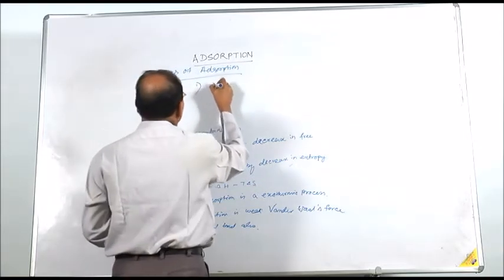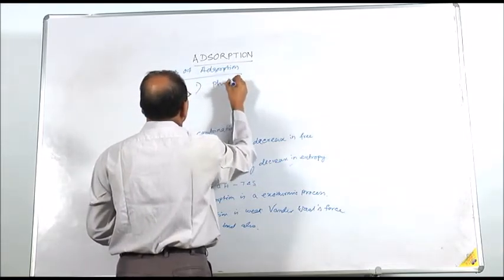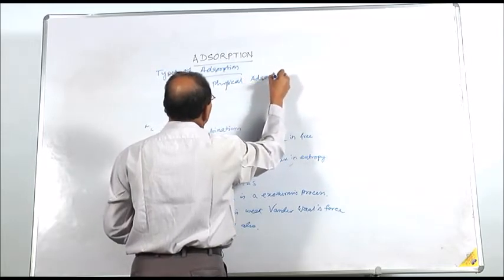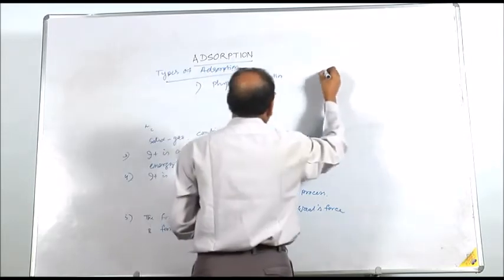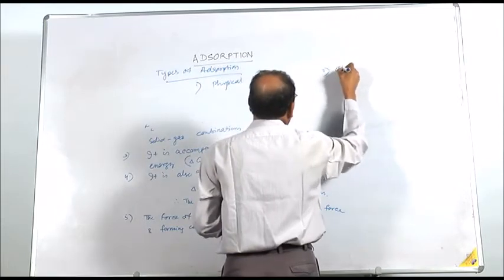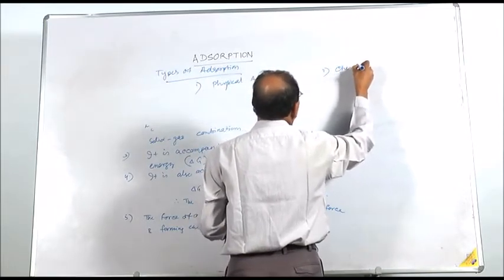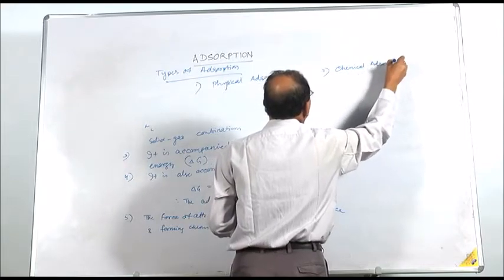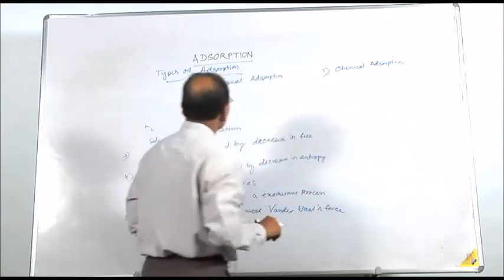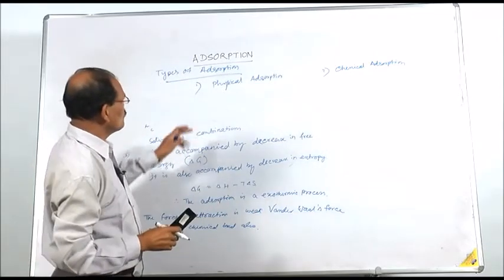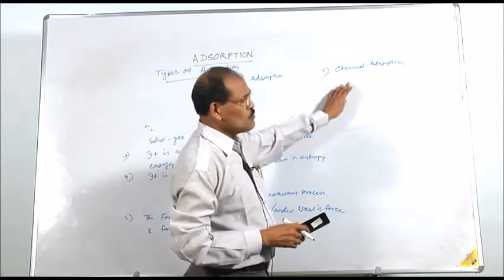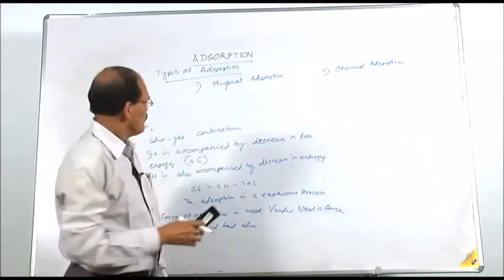One is physical adsorption, and another is chemical adsorption or chemisorption. Physical adsorption is due to weak van der Waals forces. Chemical adsorption is due to formation of a bond.